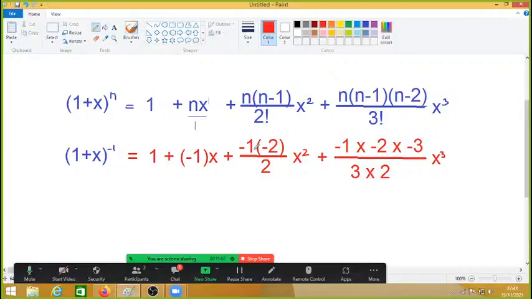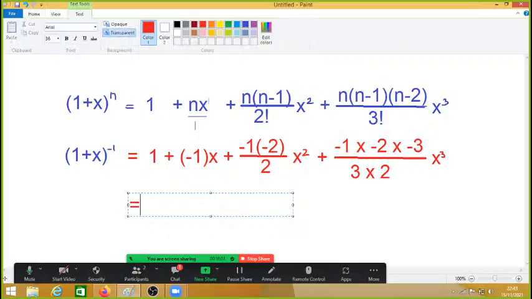So the reason that I said don't get the actual answers on the top and the bottom is because we can get a lot of it to cancel out. So the 1 is just 1. Then comes -1 times x, which is -1x. And I can just write that as -x. Good. But now watch what happens here.